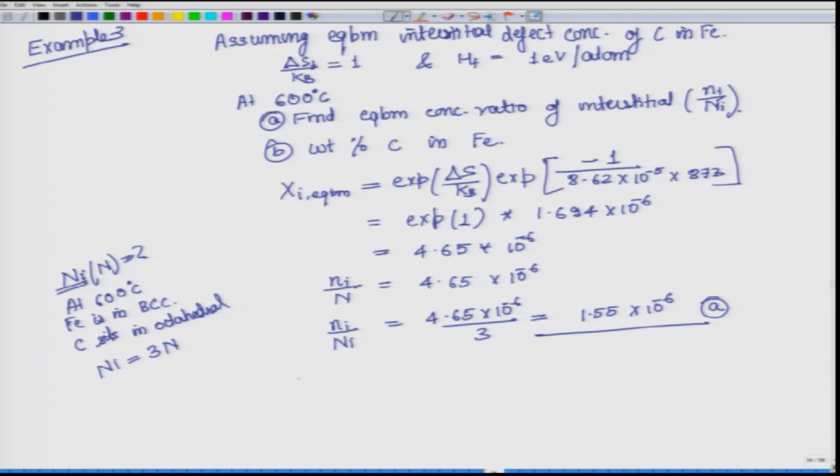Next, what we need is to solve the weight percent of carbon in Fe. Now, we see that this Ni by N is a very small quantity.